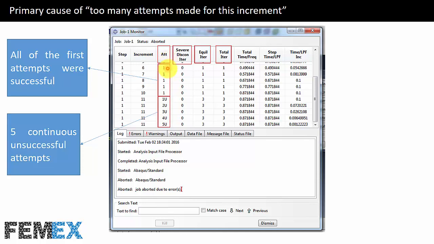For example, in increment 6, 7, 8, 9, and 10, the solution is converged in one attempt. But in increment 11, we have 5 unsuccessful attempts, and then the solution is terminated by the too many attempts made for this increment error.